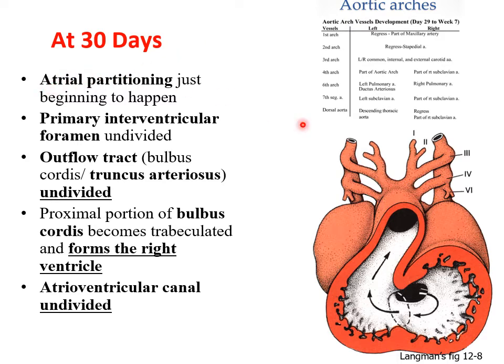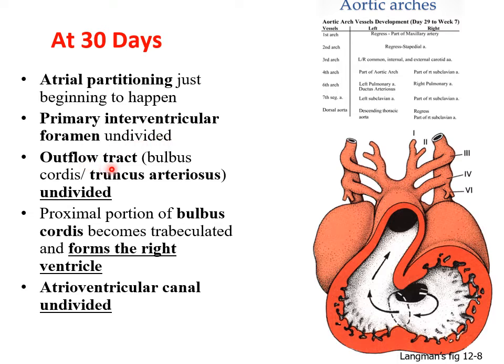So the atrial part here is the atria being developed, and here are the early ventricles and the foramen in between. Atrial partitioning just began to happen by 30 days, right and left. This is the primary interventricular foramen, still undivided. There is a communication between this and that.